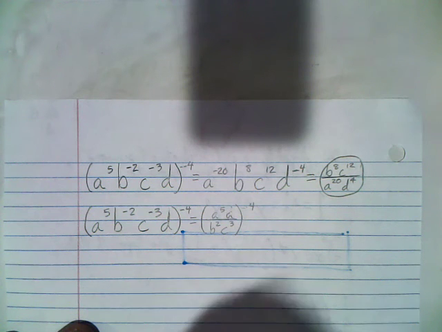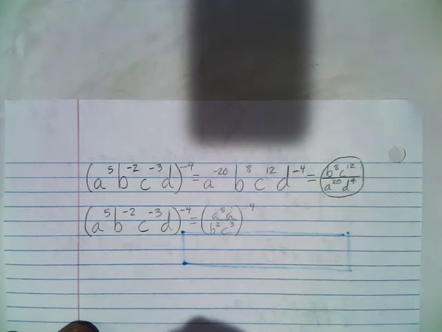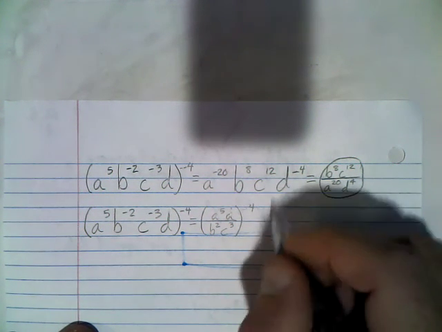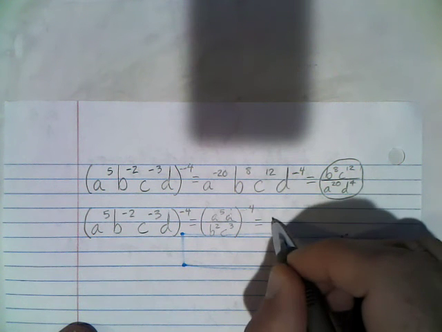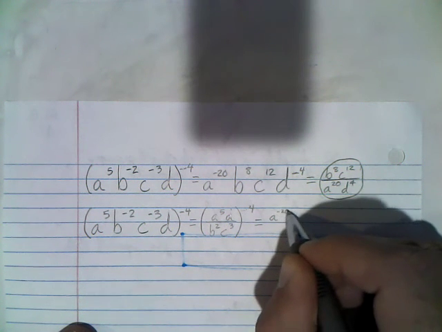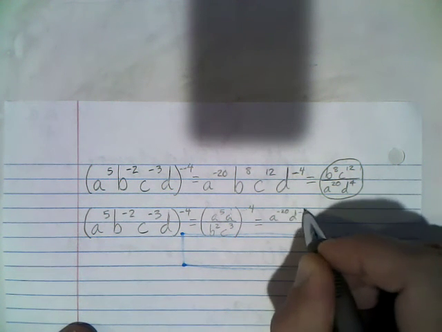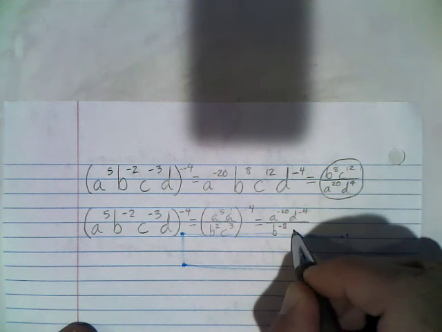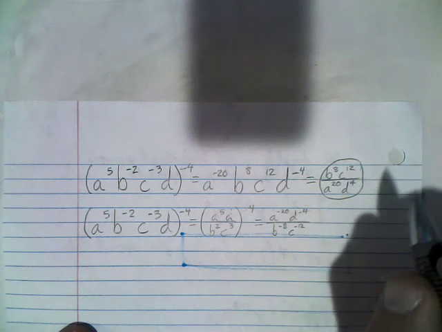So from here, again, we have a couple options. I could distribute the -4 to each of those. So if I distribute the -4 now to each factor and each of my divisors, I can make this a to the -20th, d to the -4th, over b to the -8th, c to the -12th.